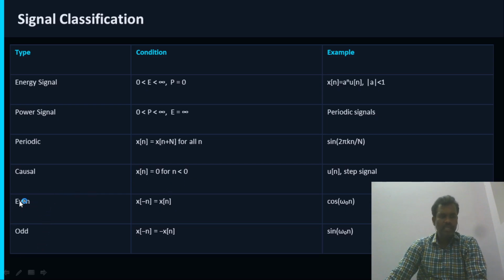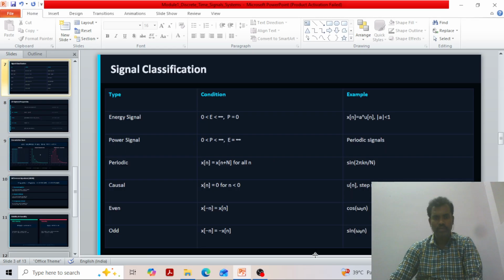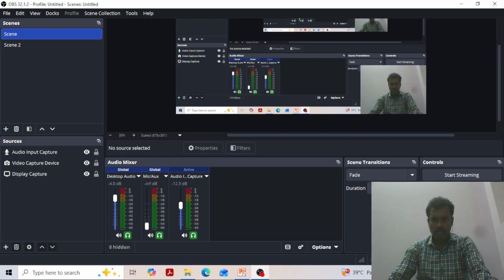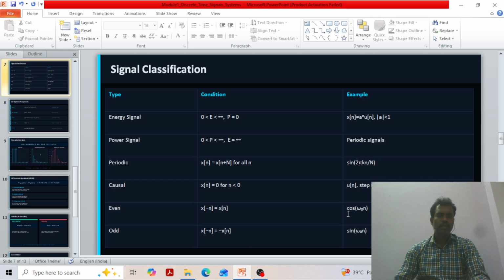And next, even and odd signals, which we can also call symmetric and anti-symmetric signals. Before going to discuss that, we'll see this. Right, so what is the classification?